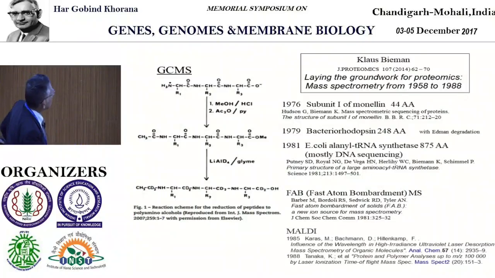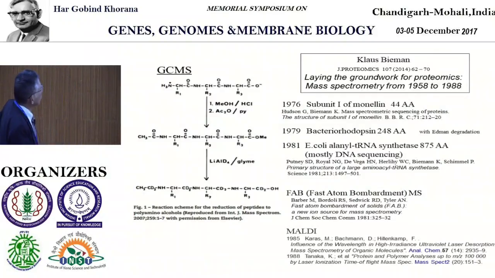The first one was in 1976, a 44 amino acid protein, monellin. And then the second happened to be bacteriorhodopsin, 248 amino acids. And if you look at Klaus Biemann's reviews, there are several reviews. He always mentions and thanks Govind Khorana for providing bacteriorhodopsin.